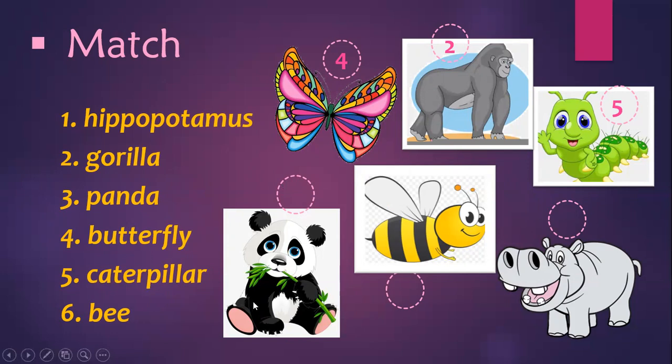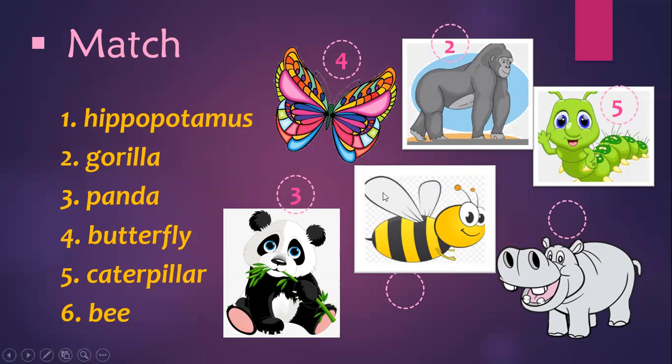Now what about this? Look, this is a bear, but look, it's white and black and it's sitting. Okay, here, what animal is this? It's a panda. Number 3, panda. Okay, now what about this? This insect can fly like the butterfly, but it's not a butterfly.